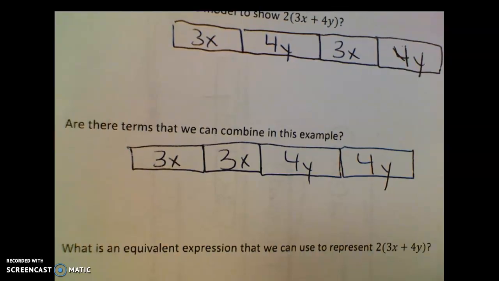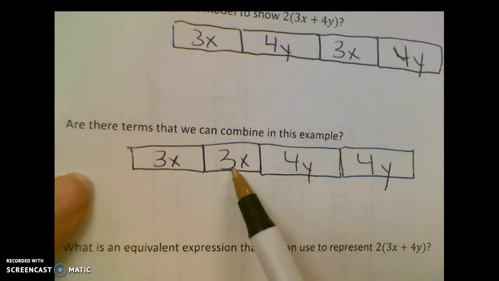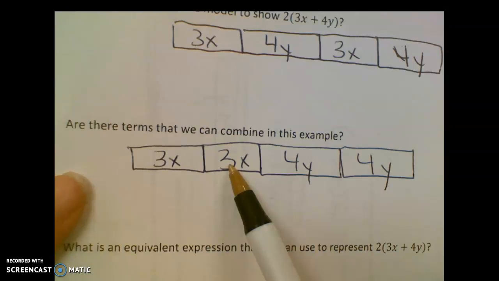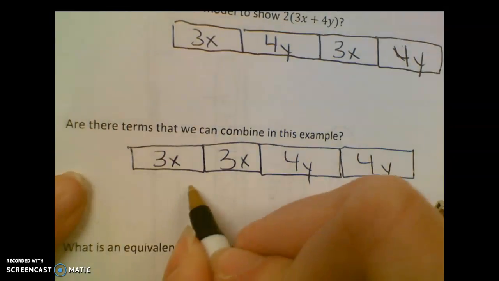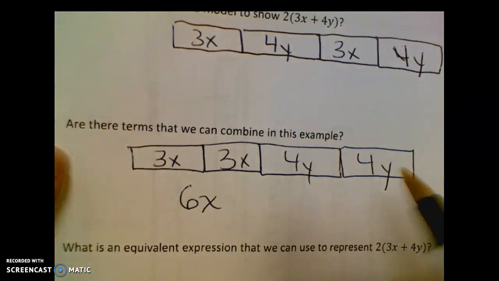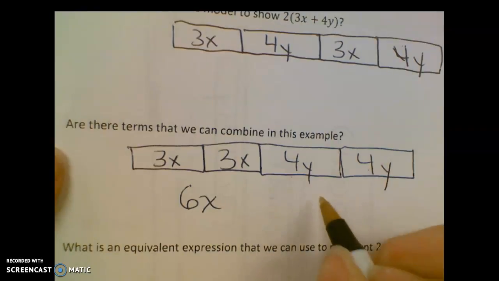So, are there terms that we can combine here? Yes, if I have 3 x's and 3 more x's, how many total x's do I have? If I have 3 groups and then 3 more groups, that means I have a total of 6 groups of x's. And then if I have 4 y's here and 4 more y's here, how many y's do I have? 8 y's.